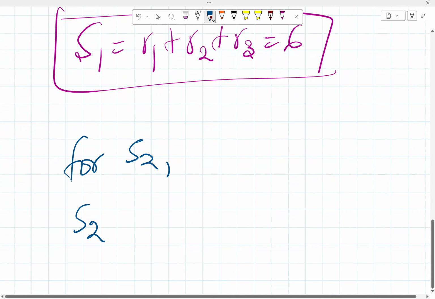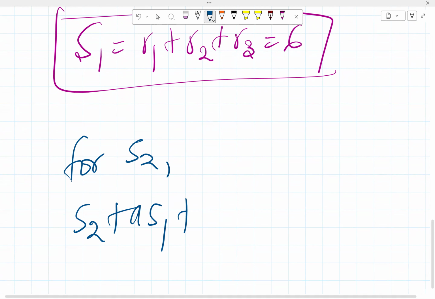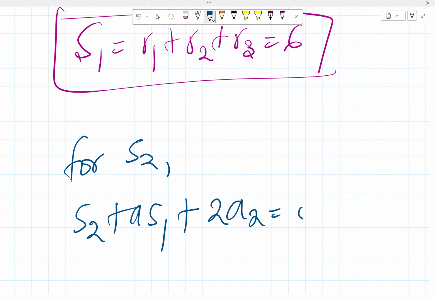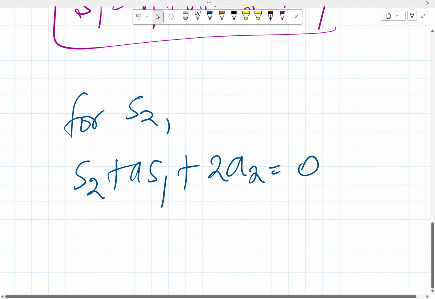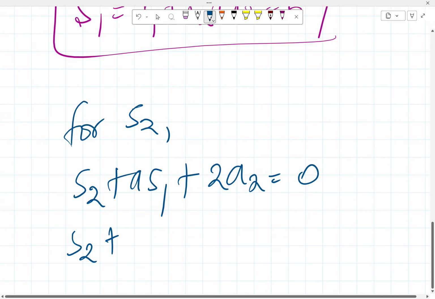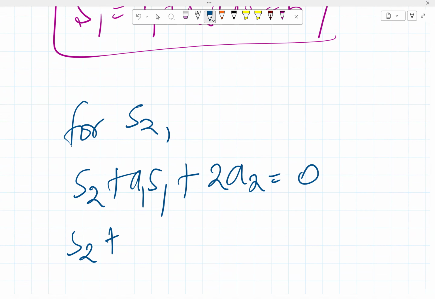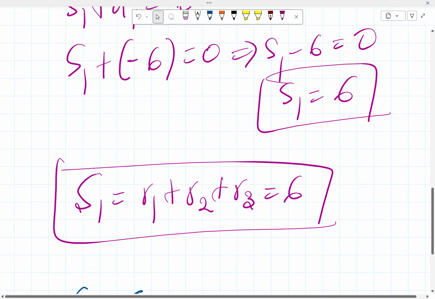We have S2 plus A1 S1 plus 2A2 equals 0. S2 is what we are looking for.